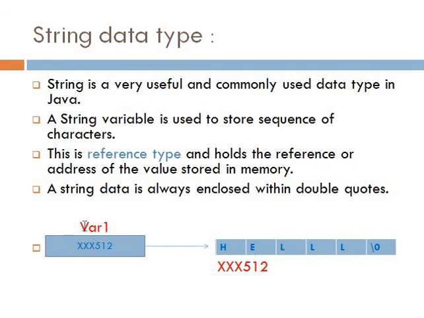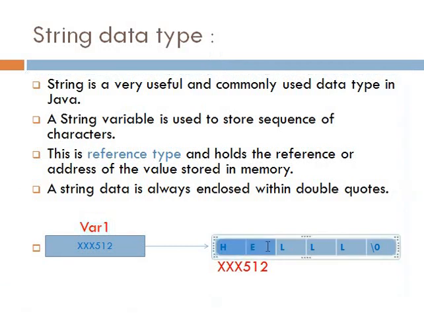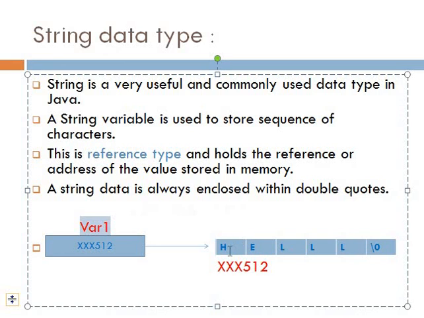Now since this variable identified by the name var1 holds sequence of characters such as H, E, L, L, L, /O, we can say that this variable is a string variable. Now this string variable contains the value H, E, L, L, L and then the null character, and it contains this value at a particular memory location.